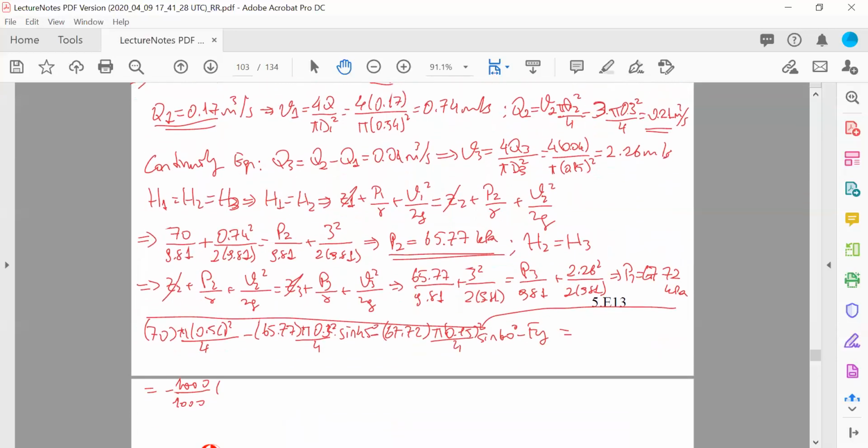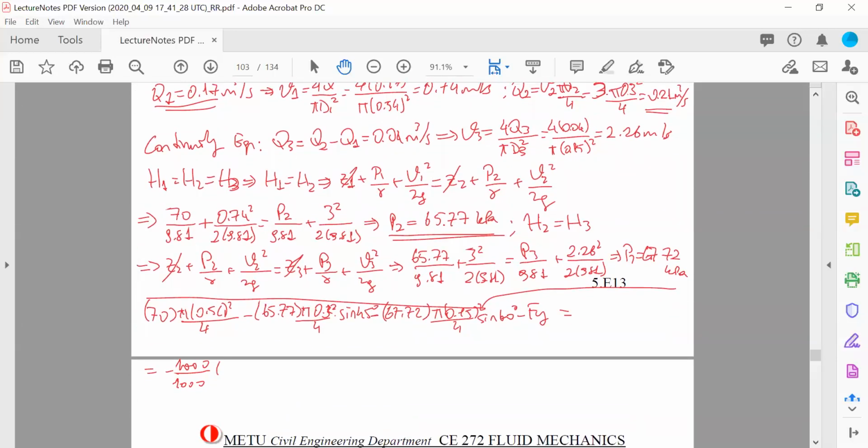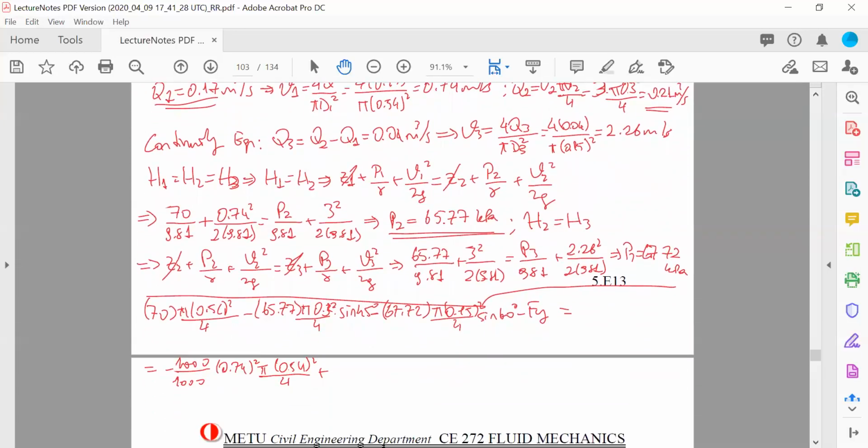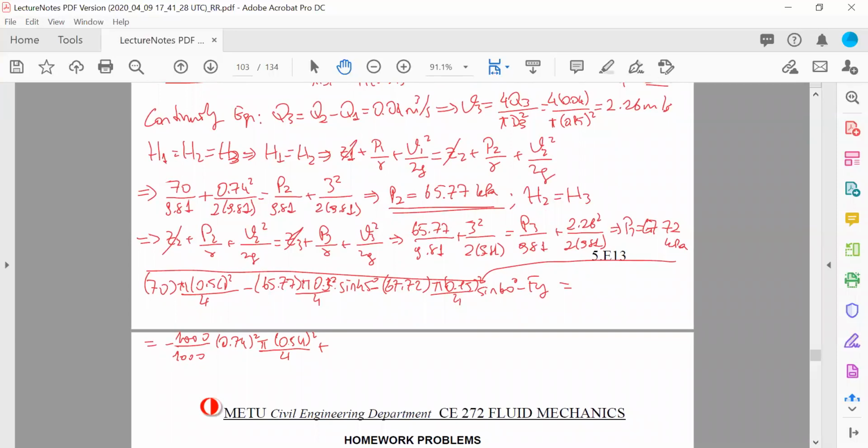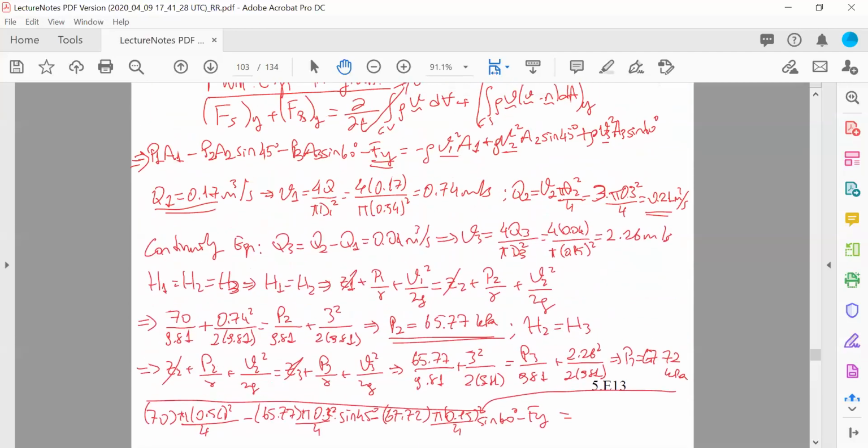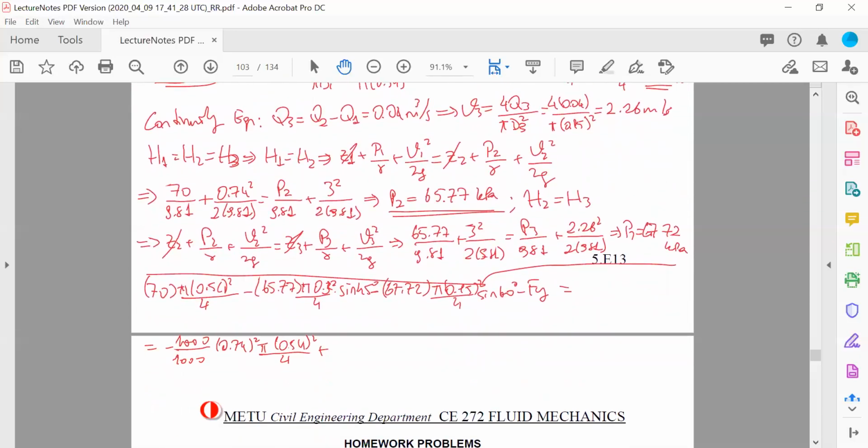That was V1 square A1, 0.74 square pi 0.54 square over 4, A1, plus rho V2 square A2 and sine 45.